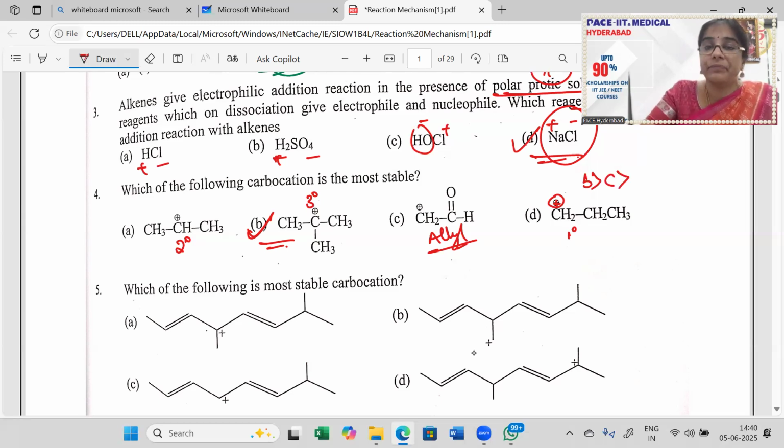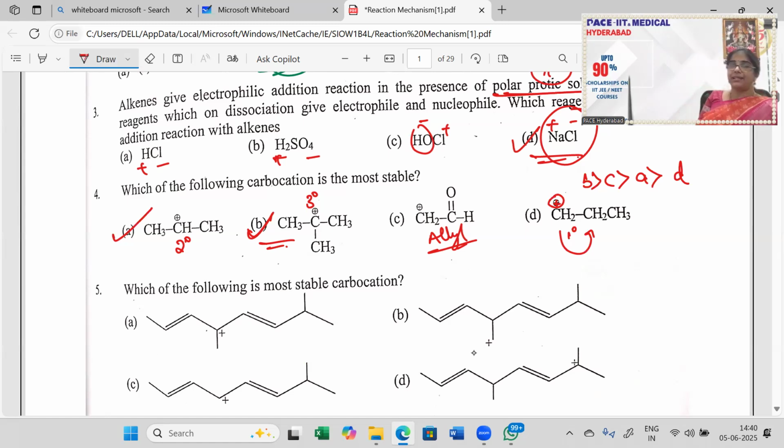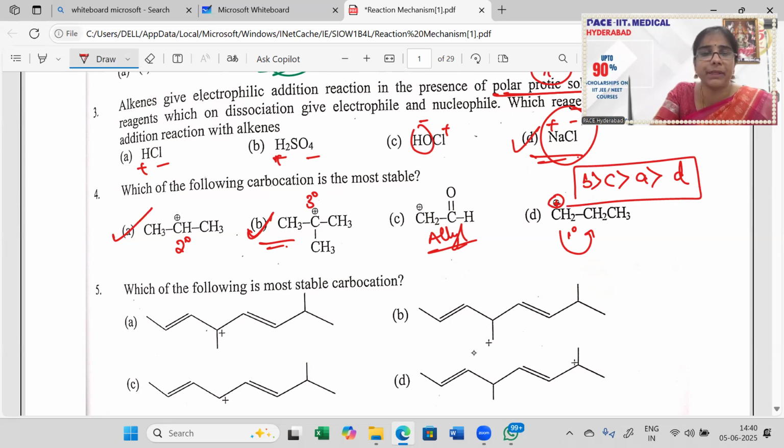Then 2 degree, which is option A, and then D. The option D can be made into 2 degree by a hydride shift, but without a shift, option A is already 2 degree. So between A and D, A is more stable. So BCAD will be my order there.